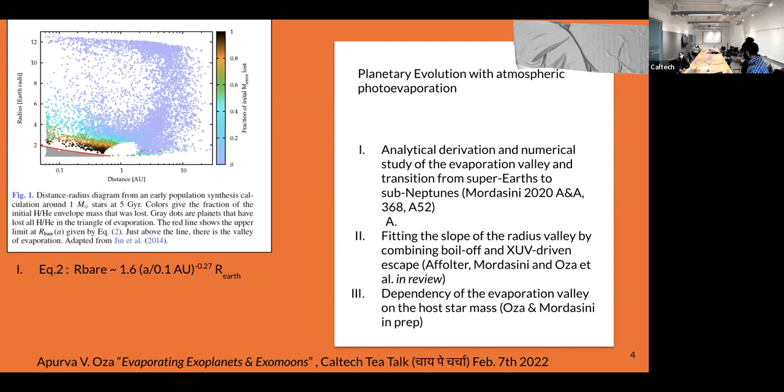A paper we have in review, just for full disclosure, is fitting the slope of the radius valley by not only XUV driven escape, but also Bondi and hydrodynamic regimes, which is led by a graduate student, Lukas Affolter. And then finally, a paper from the before times in 2019, I think that was my last in-person talk in Geneva, is on the dependency of the evaporation valley on the host star mass.